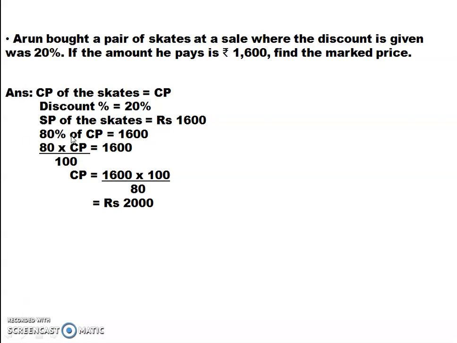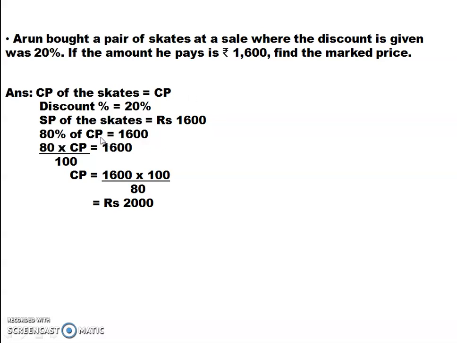Let's see. I have told you this is a case of discount. So 100 minus 20, that is 80. 80% of cost price is given as 1,600. That is the selling price.